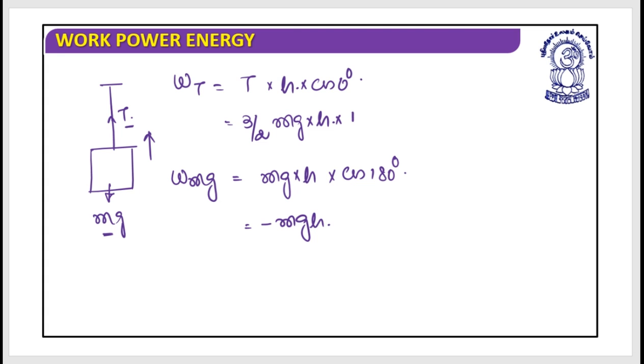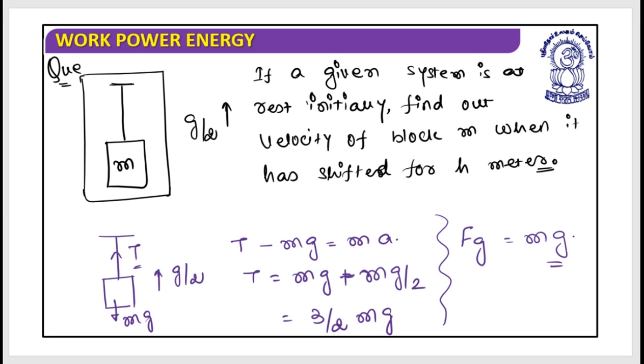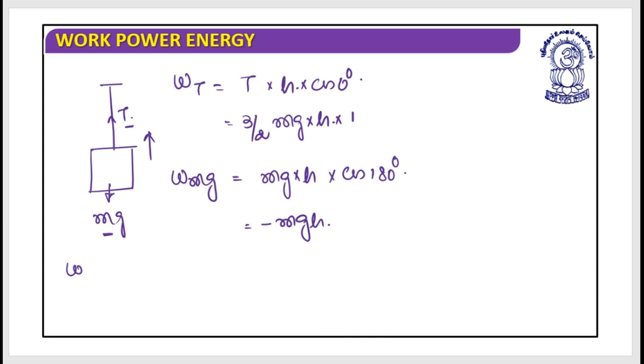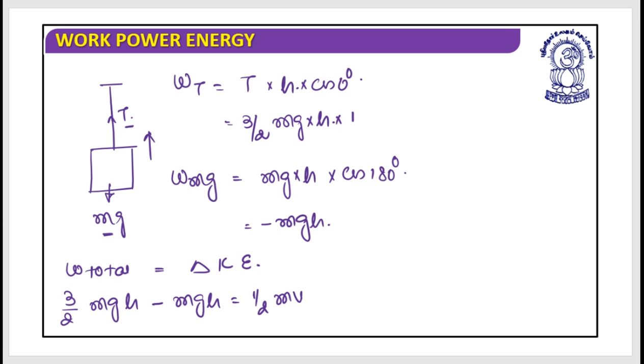Now it says that it is initially at rest. If the given system is at rest initially, then the total work done should be equal to the change in kinetic energy. This is 3 by 2 mgh minus mgh, which should be equal to half mv square.